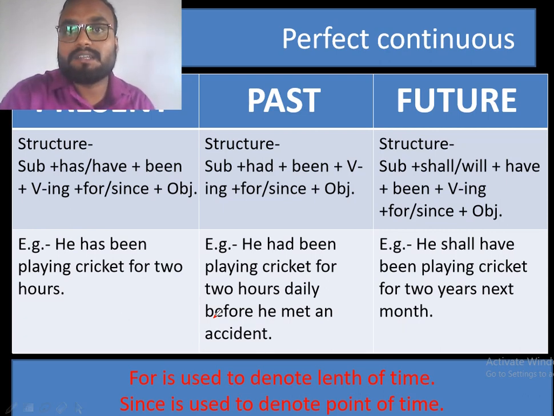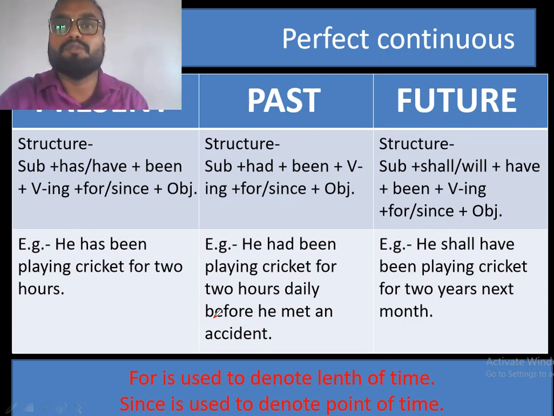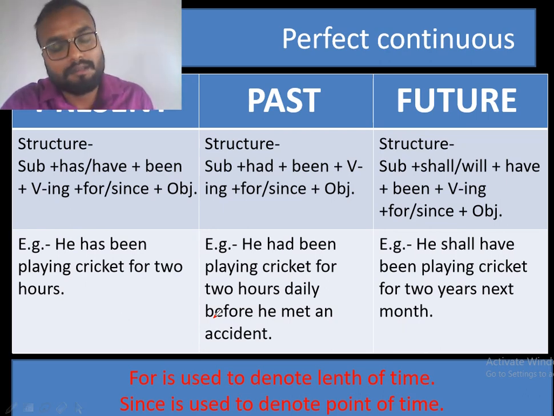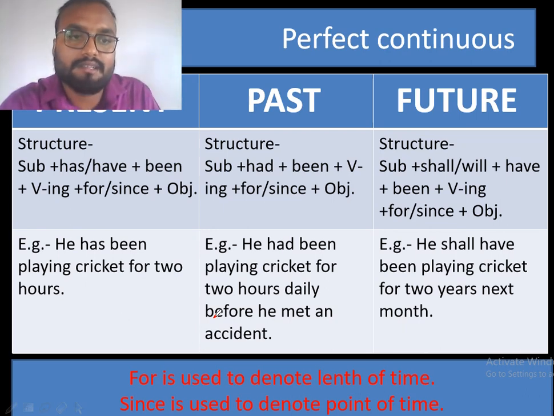As the name suggests, it has taken perfect as well as continuous in it. Perfectness means it's sure that yes, the action is being done. What gives us the surety? The length of time or the point of time gives us the surety that yes, this action is going on.